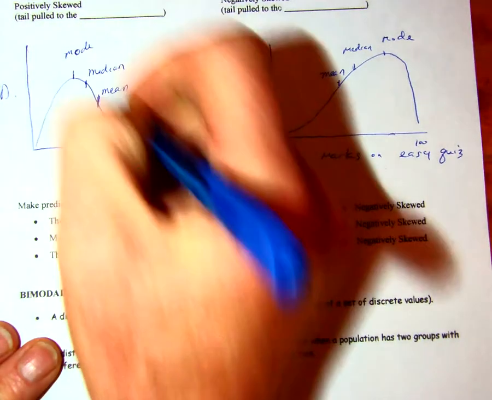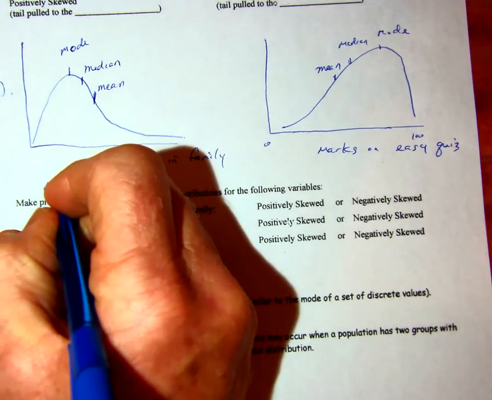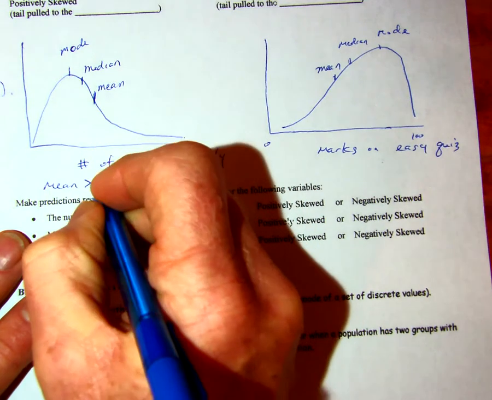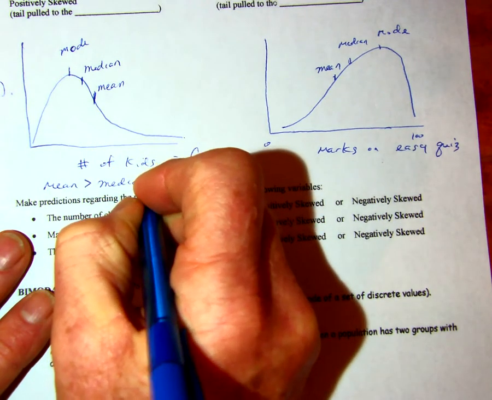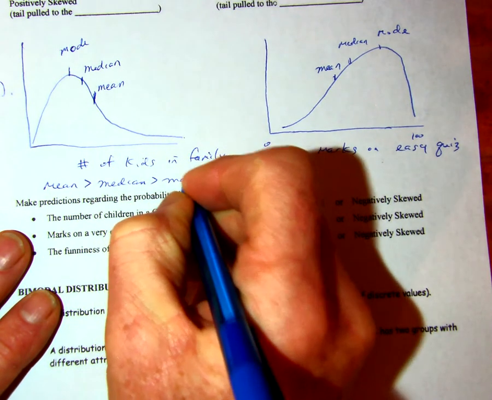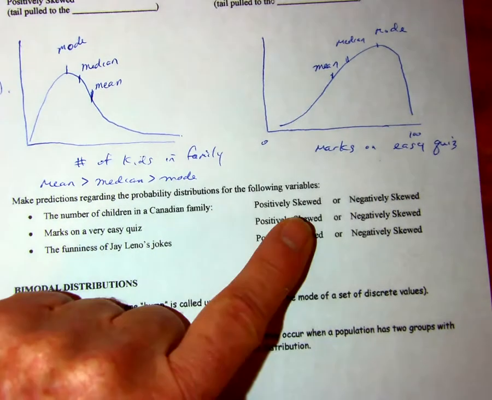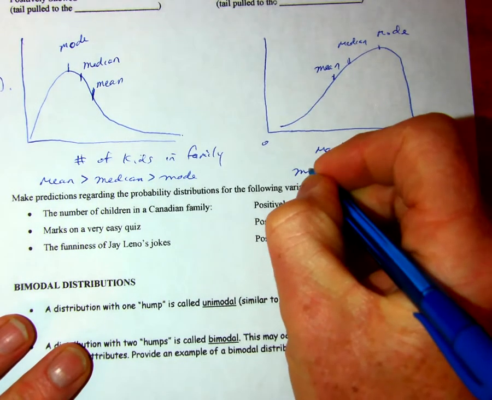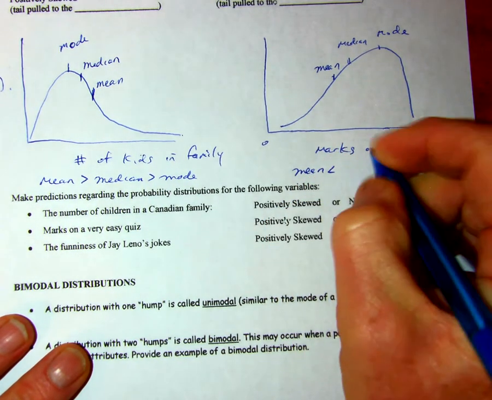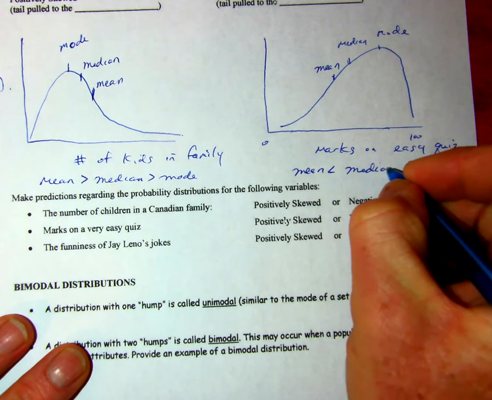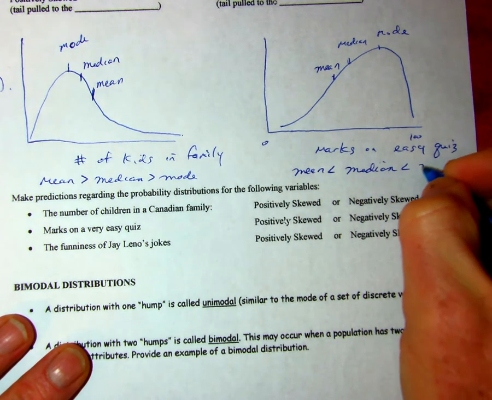So with this type of distribution, the mean is greater than the median, which is greater than the mode. And it's the opposite situation here. The mean is less than the median, is less than the mode.